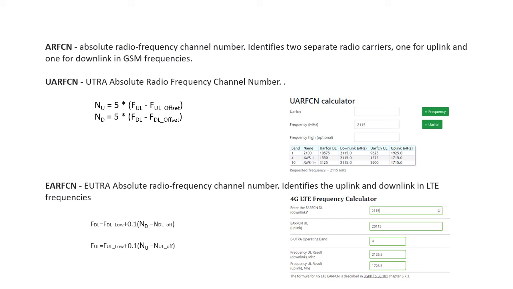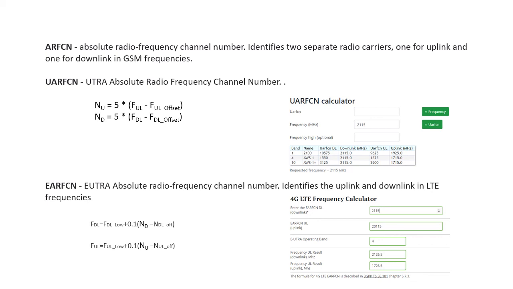For this specific example, it identifies that the frequency of 2115 belongs to 3 possible UMTS bands: band 1, band 4, and band 10. For these different bands, the UARFCN might be 10,575, or 1,550, or 3,125. Then you have this UARFCN as well as the uplink frequency.